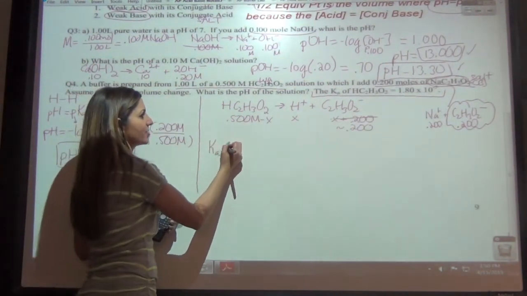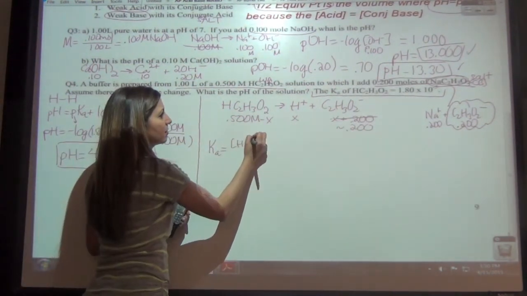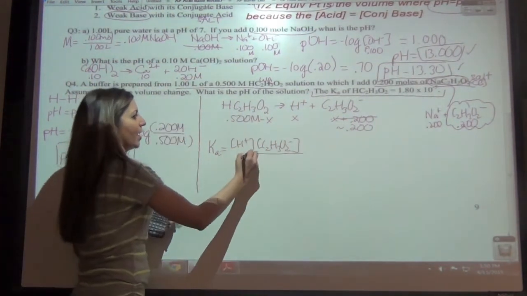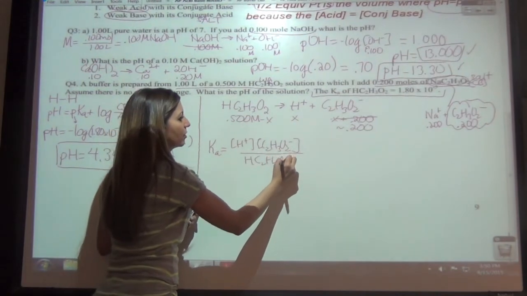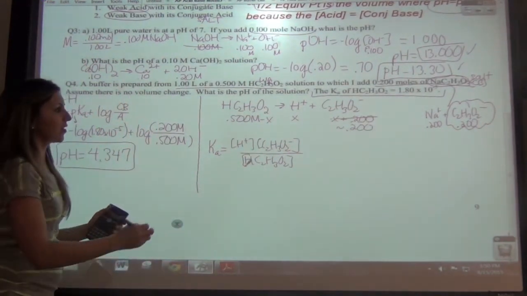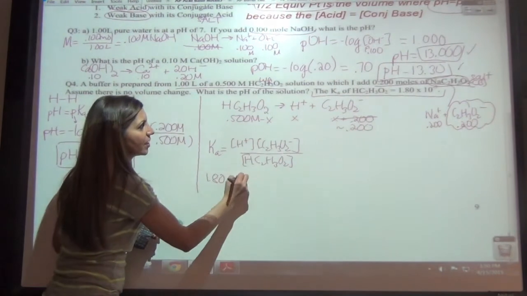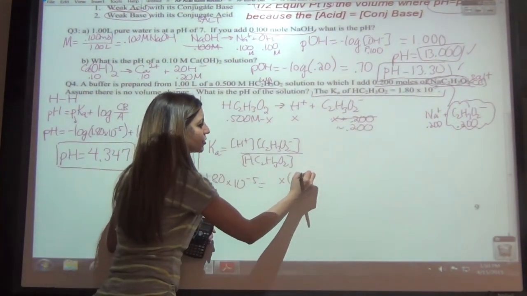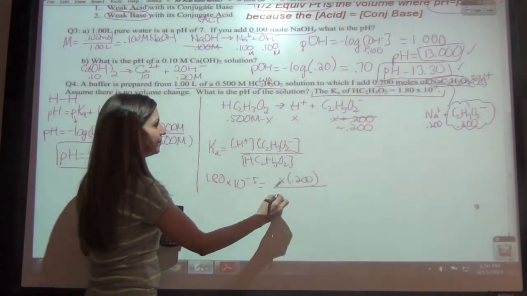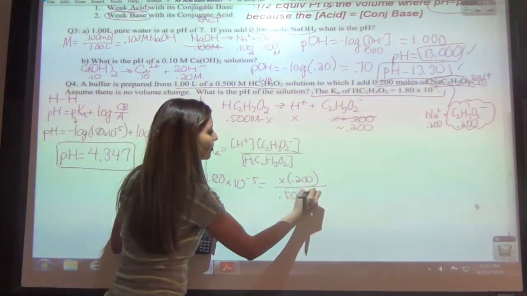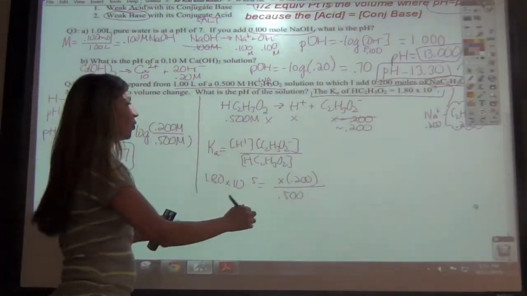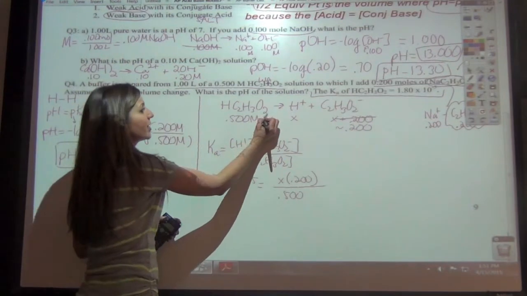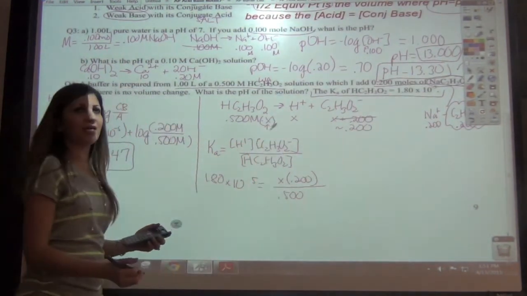So we say that Ka is equal to H plus times C2H3O2 minus divided by HC2H3O2. So let's fill everything in. Our Ka is 1.80 times 10 to the negative 5th, and that's equal to X times 0.2 divided by 0.500 minus X. So this we can basically say is 0.500 because again, we can say that this X is so small that it's not going to make a difference.